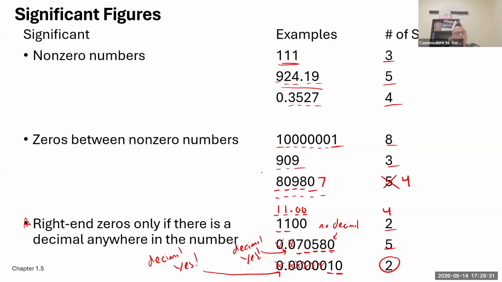So you have to look for non-zero numbers, look for zeros between non-zero numbers, and then count the right end zeros only if there's a decimal anywhere in the number. It doesn't matter where the decimal is. It could be 15 places to the left, 15 places to the right. As long as that decimal's in the number, the right end 0 is significant.